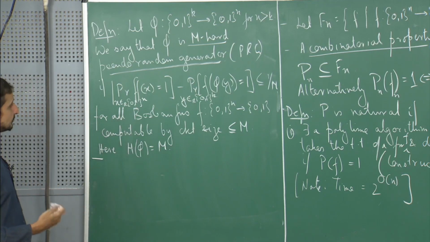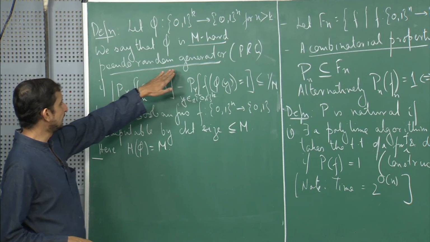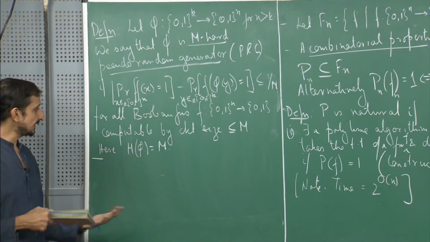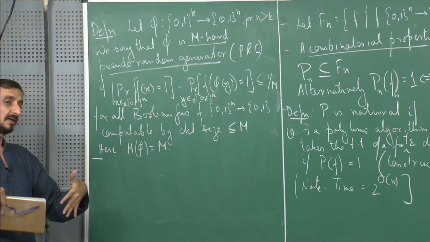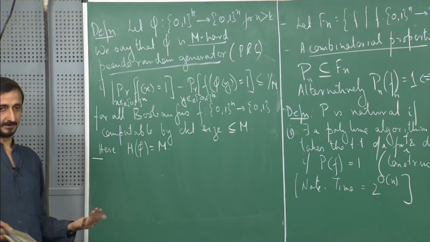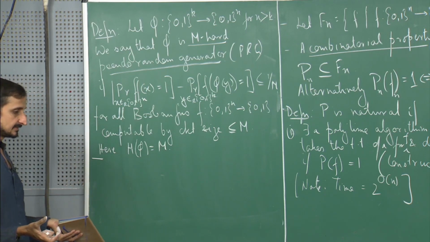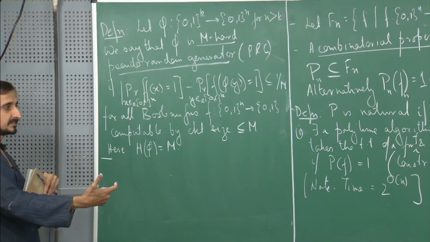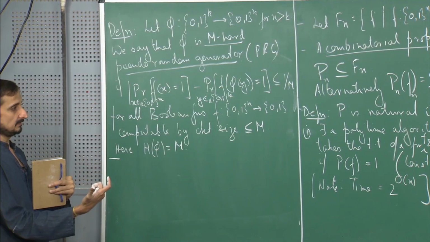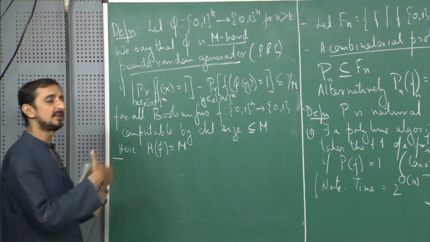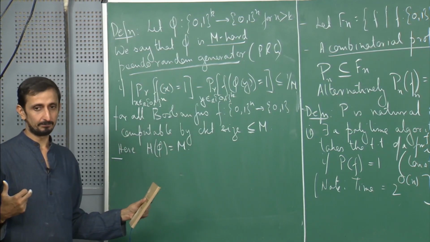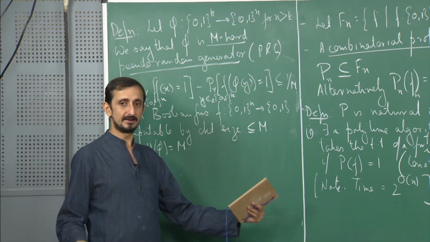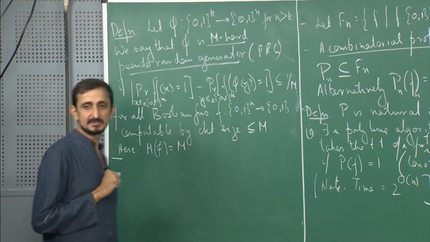Now, what this is saying is that a pseudorandom generator is basically a function which is generating a string. Now, what I actually need is not just a pseudorandom generator, but a pseudorandom function generator. So basically what I need is some way to generate a function which looks actually random to any efficient algorithm. So suppose I take a random function versus a function that is generated by this pseudorandom function generator, an efficient algorithm cannot distinguish between these two.